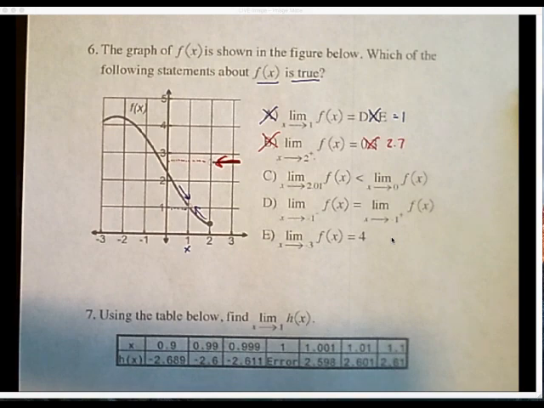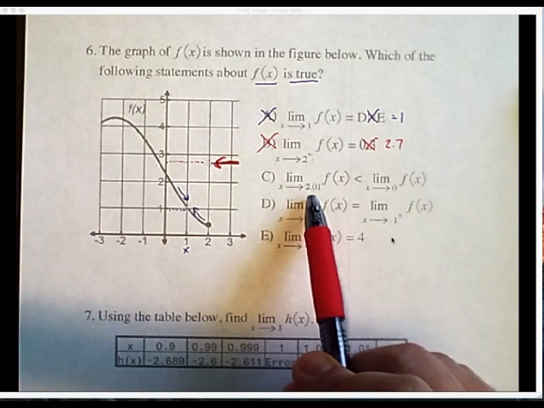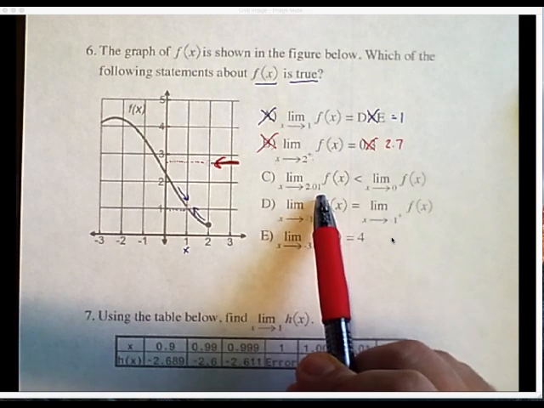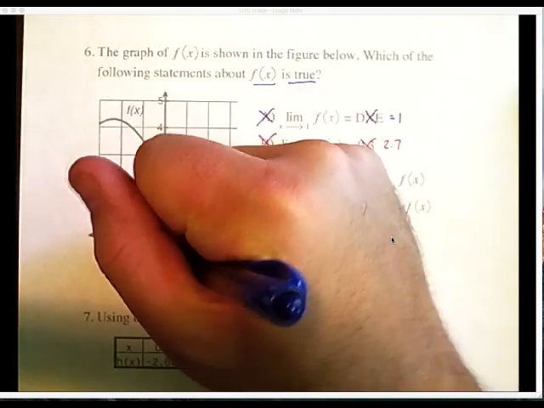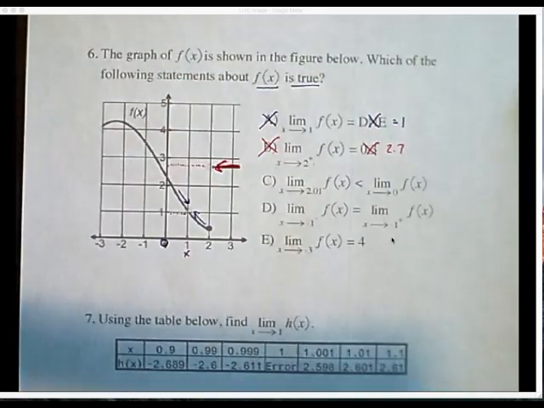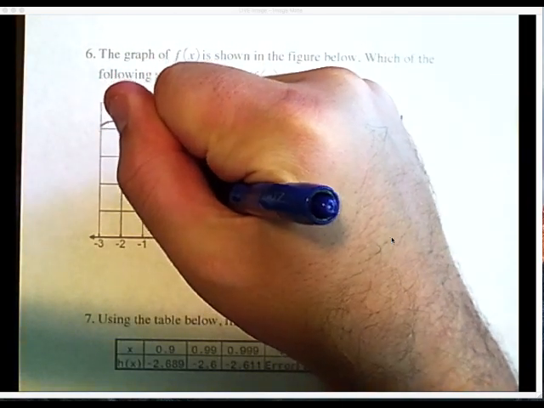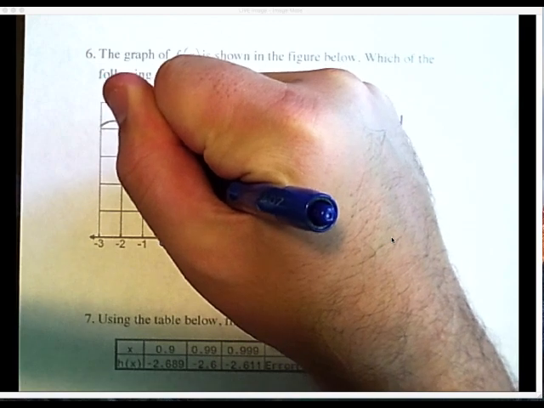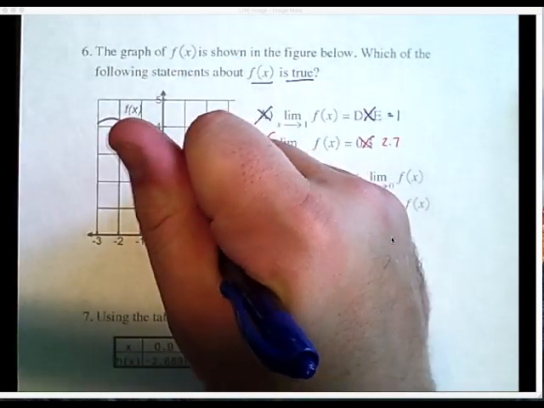Right. So part C, it says the limit as x approaches 2.01 is less than the limit as x approaches 0. Well, as I approach 0, here's an x value of 0. As I approach 0 from both sides, that's the y value that I approach. Maybe it's about 2.3.